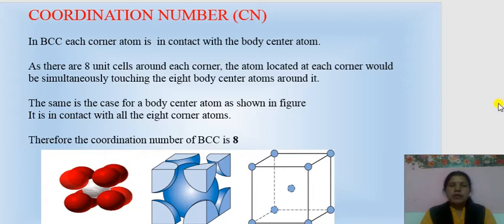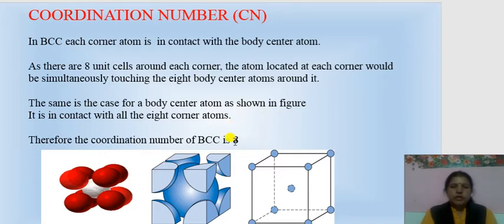Here, this body centered atom is touching the 8 corner atoms. Here it is shown. This is the center atom and 8 atoms are at the 8 corners. Therefore, it is in contact with the 8 corner atoms. The same is the case for the body centered atom as shown in the figure. It is in contact with all the 8 corner atoms. Therefore, the coordination number for BCC is 8.